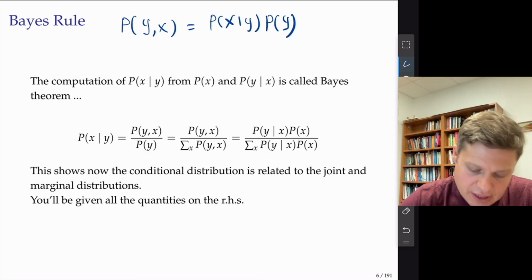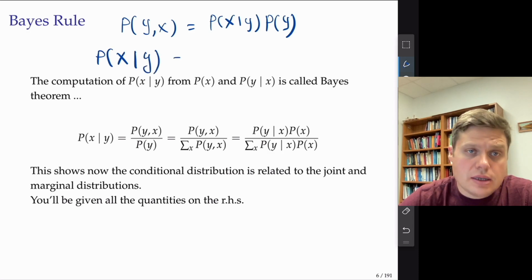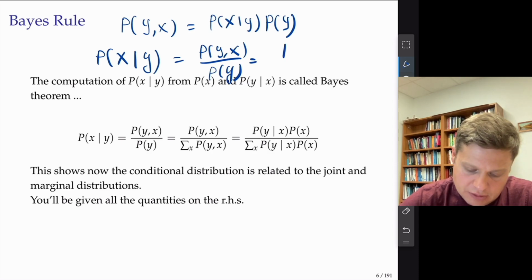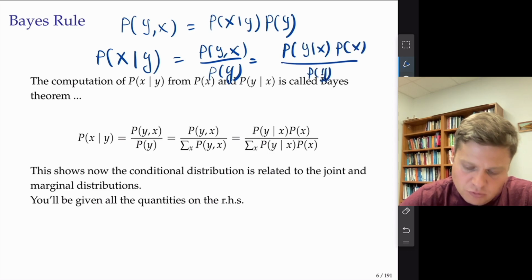Now, if you divide both sides by p of y, you're going to get x conditional on y is just joint of y and x divided by the marginal p of y. And of course, p of y, x can be written down as p of y given x, probability of x, divided by the probability of y.